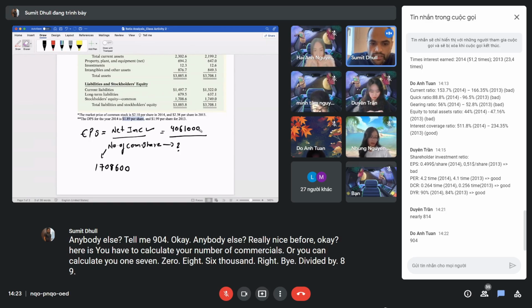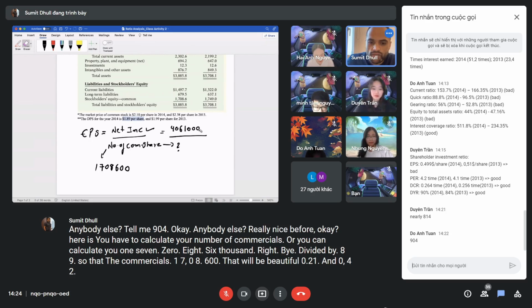So the common shares 1708600 will be 9040.21. That's your number of common shares. Make sure.